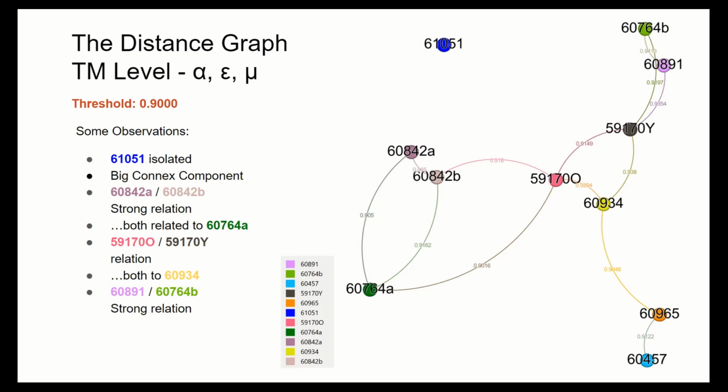Yeah, very nice. So the last comments here also show that the data we have, the results we have, are connecting and complementing each other. As Giuseppe said, this 61051 is isolated.